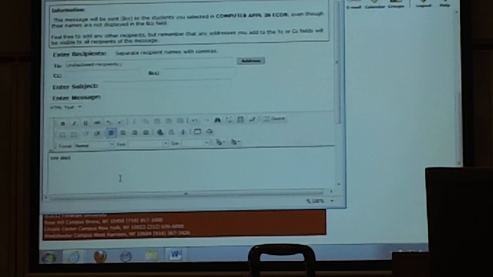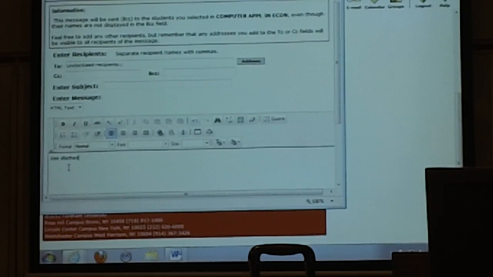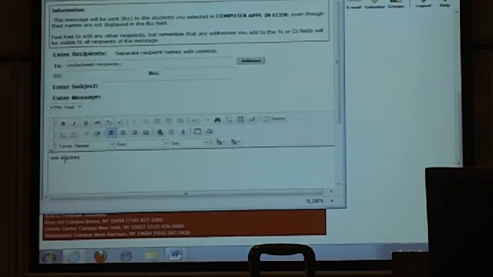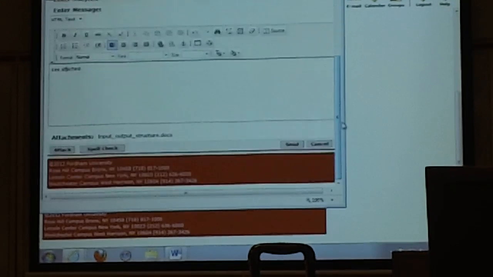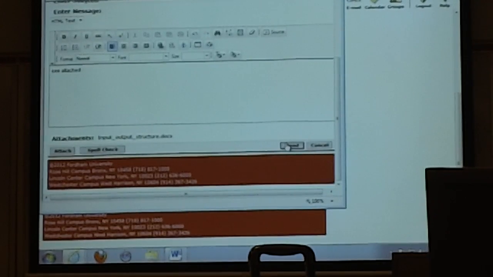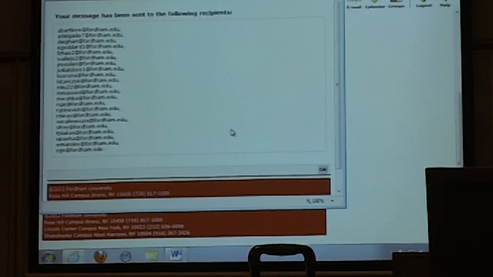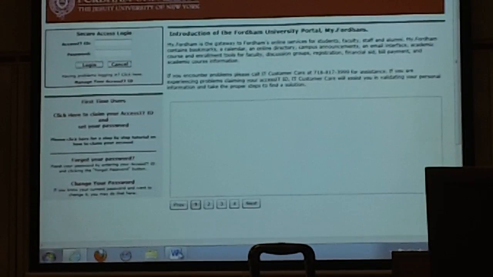Well, just put your name in the address. I can't live in this state anymore. This state sucks. Maybe it's just on that one. Yeah, it didn't go through.